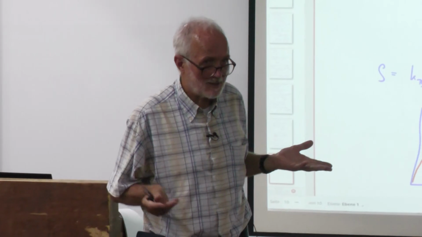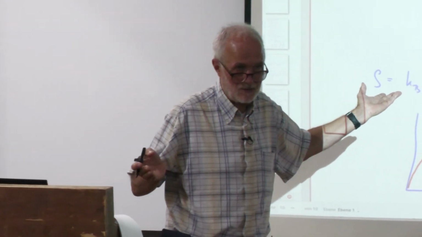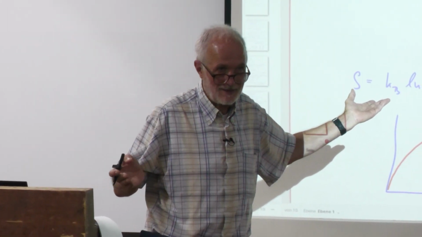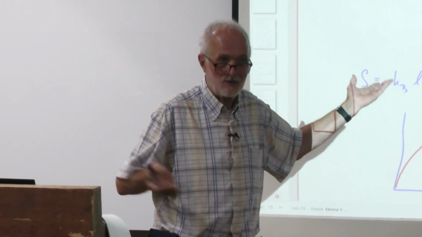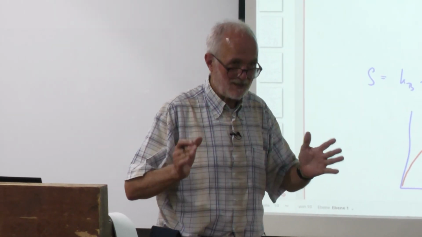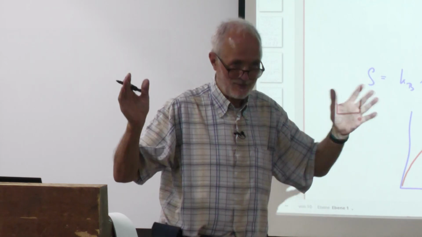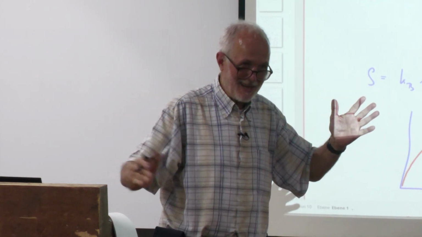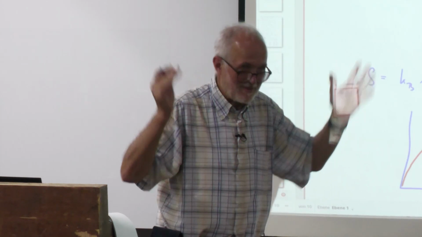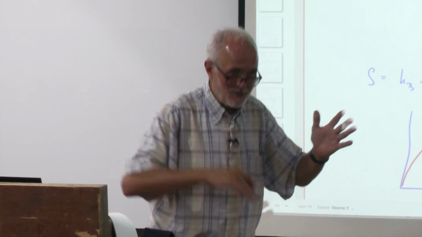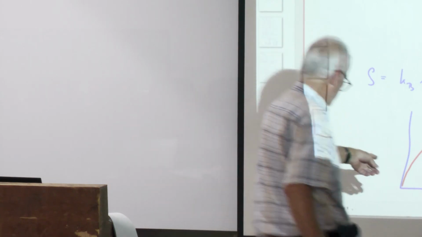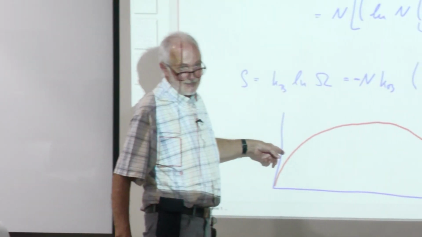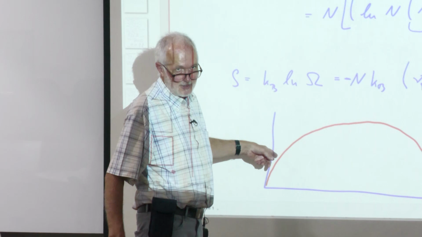For a pure substance, of course, this part is 0. What would be the configurational entropy? This would be 0 if the crystal is really perfect and really pure. And that's what I said: if you add very few solute atoms, you go up here perpendicularly, you enormously increase the entropy.